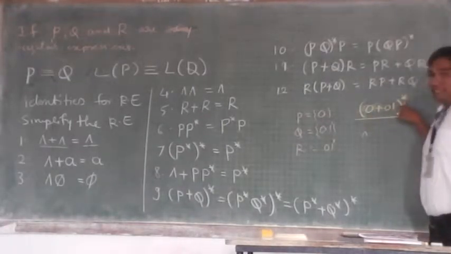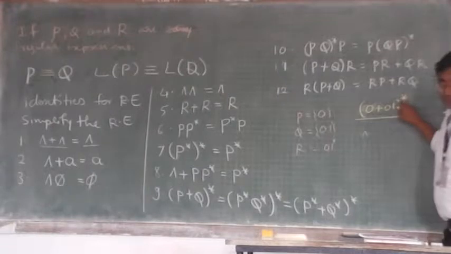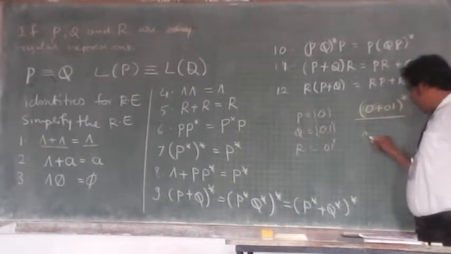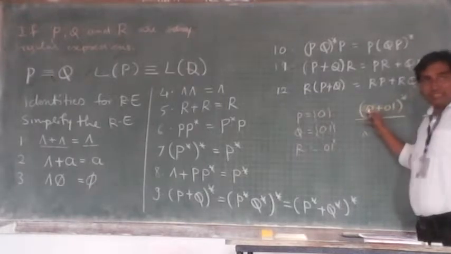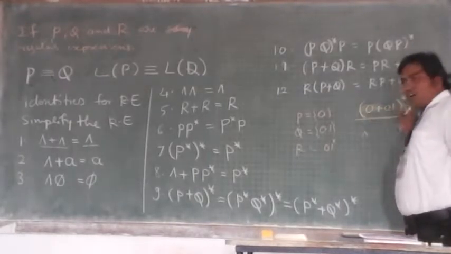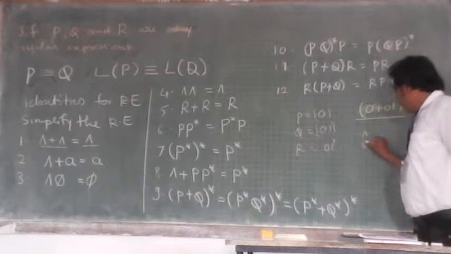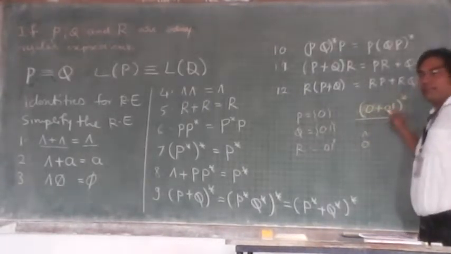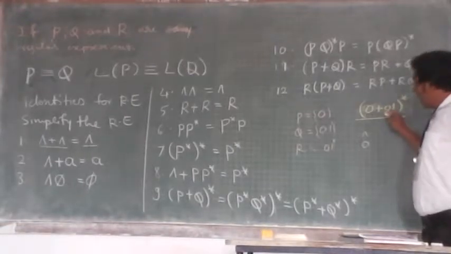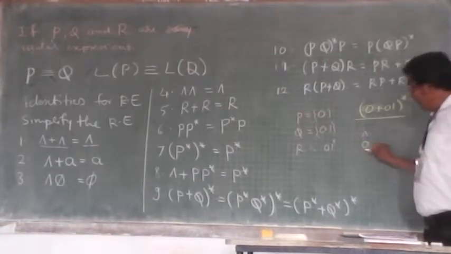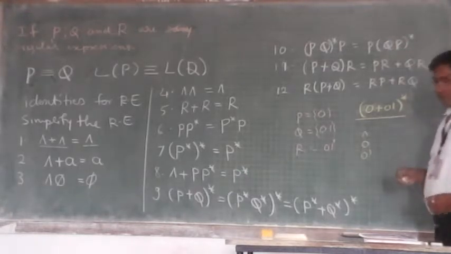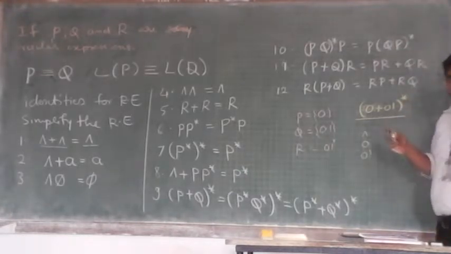In case I consider star as 0, it gives null. If I consider star as one time, then what strings can I generate? For the first time I selected 0, I generated 0. With star as 1, I can select the second part, and in that case I generate 01. Now I will consider star as the value 2.